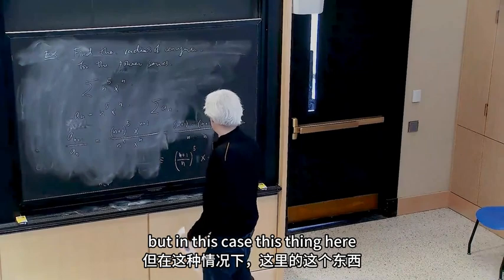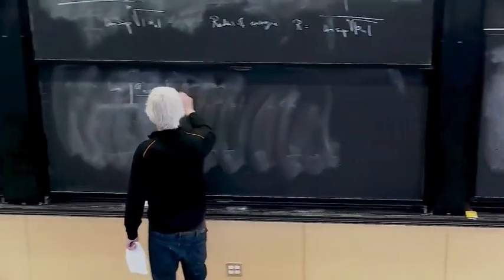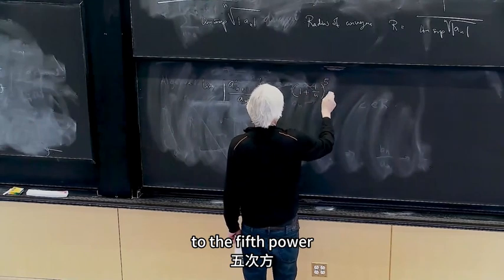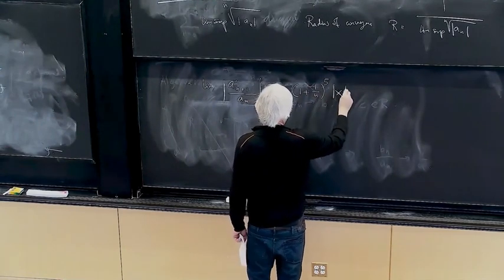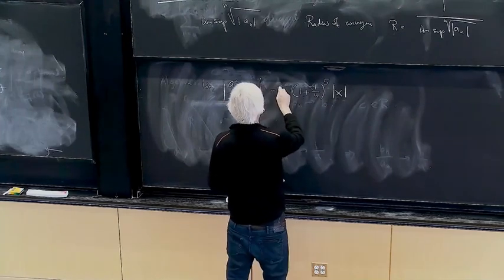In this case, this ratio is (1 + 1/n) to the 5th power times x. This is all non-negative, so the absolute value just goes in over here.